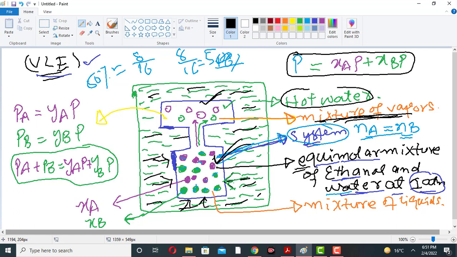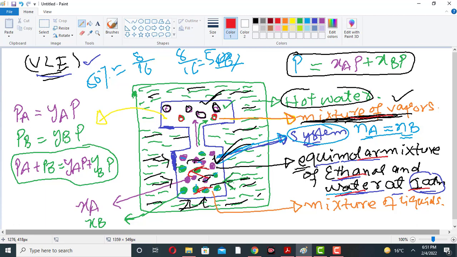One type of molecule in this vapor mixture will be ethanol. Suppose 4 molecules of ethanol are present in the vapor mixture above the liquid after heating, and only 2 molecules of water vapor are present in this vapor mixture above this equimolar mixture of ethanol and water at 1 atmospheric pressure.